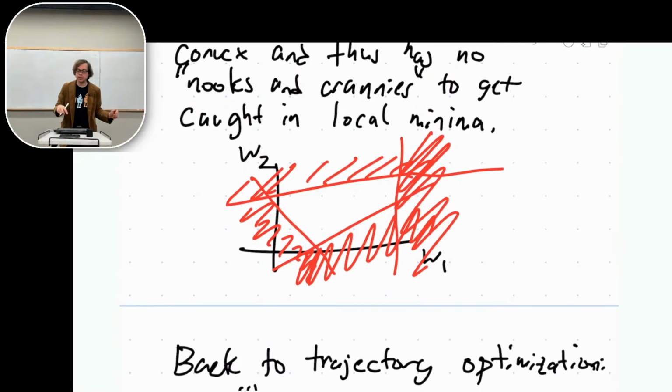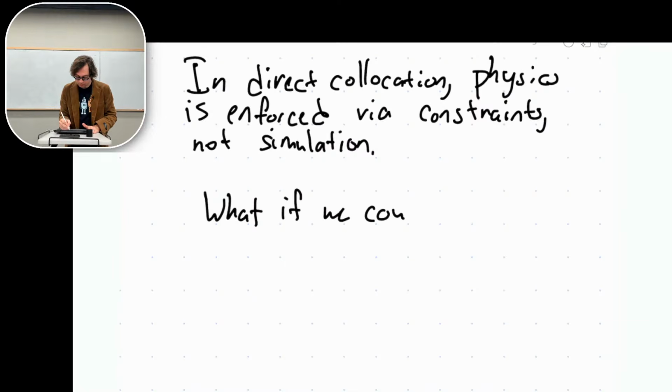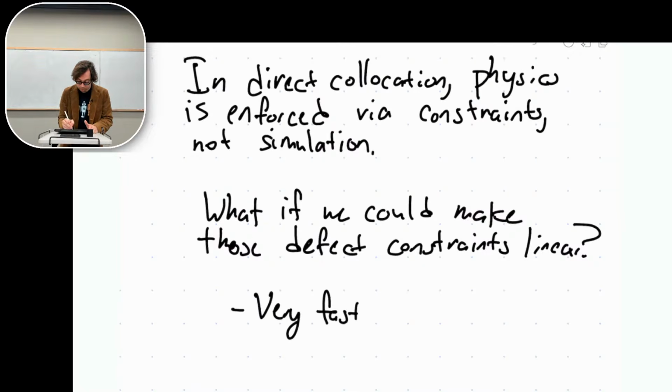That's nice, right? So I ask you, what if we could make those defect constraints linear? It'd be a very fast and reliable optimization.